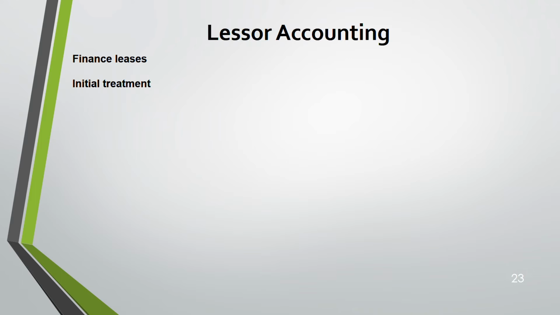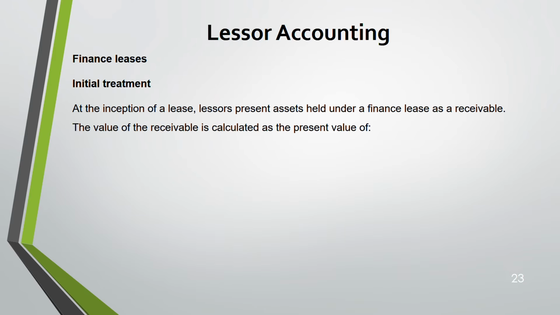Now, finance leases. What is the initial treatment of a finance lease? At inception, the lessor presents assets held under a finance lease as a receivable. Why receivable? See, take it like this: it's like a sale on credit, where you are selling it, but you have not received the amount yet.